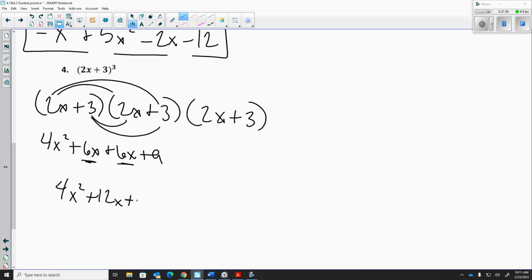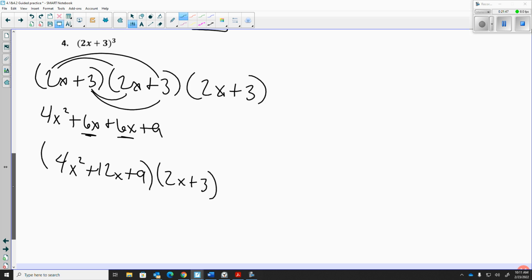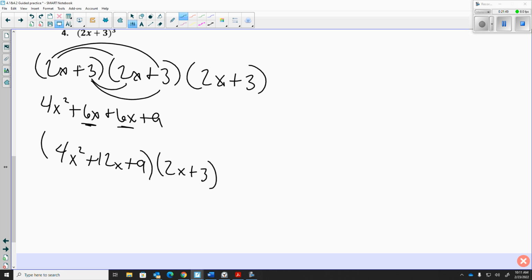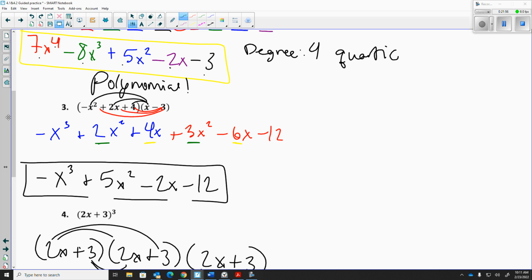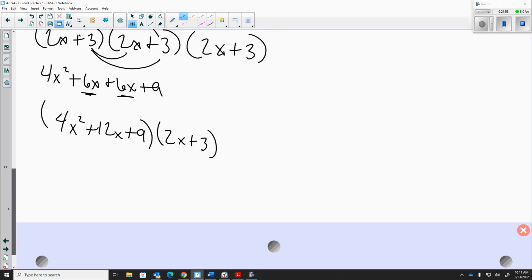So now I got to do that times this other 2x plus 3. I multiplied the first two things, it turned into this. Now I multiply that by 2x plus 3. And we just did one like that up here, right? So we got to do this triple distributing stuff.